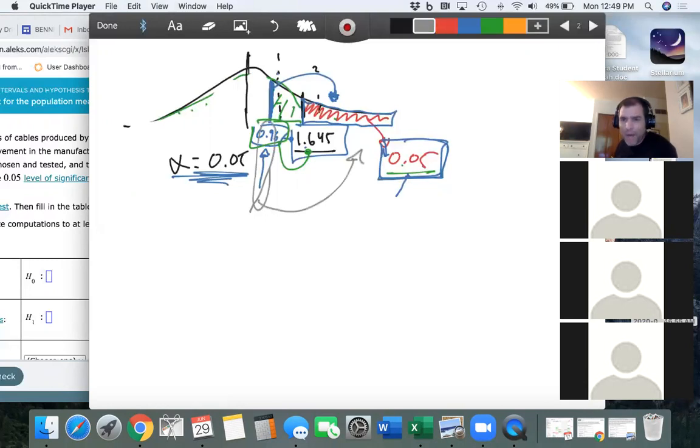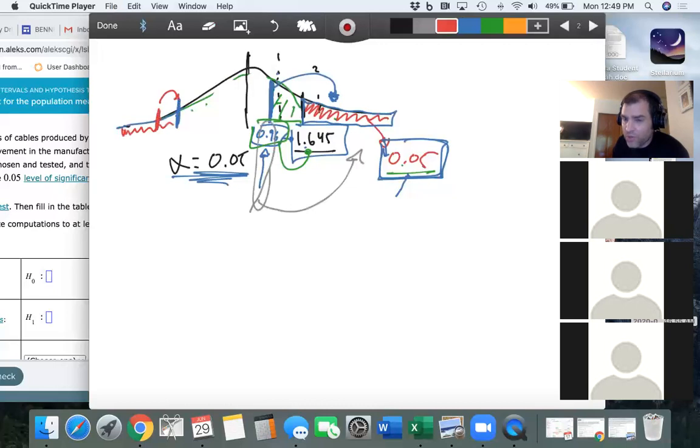Okay. And I would be careful, because for example, if we were testing on this other side, and the critical value was here and my test statistic is here, that test statistic is in the region of rejection if we were doing a left-tailed test. But then this thing is also less than, does that make sense?